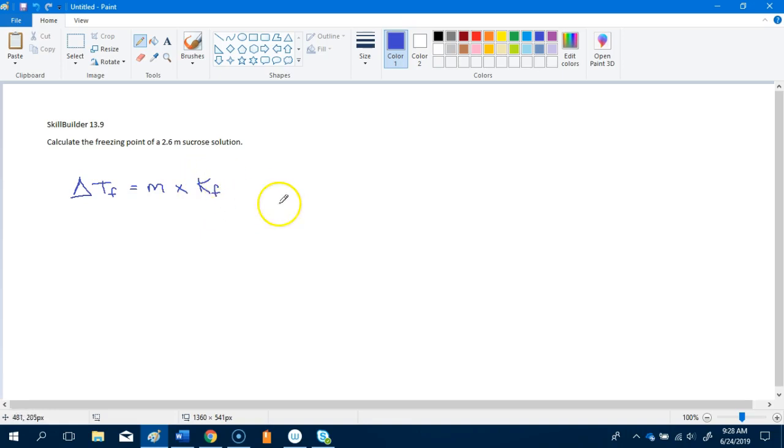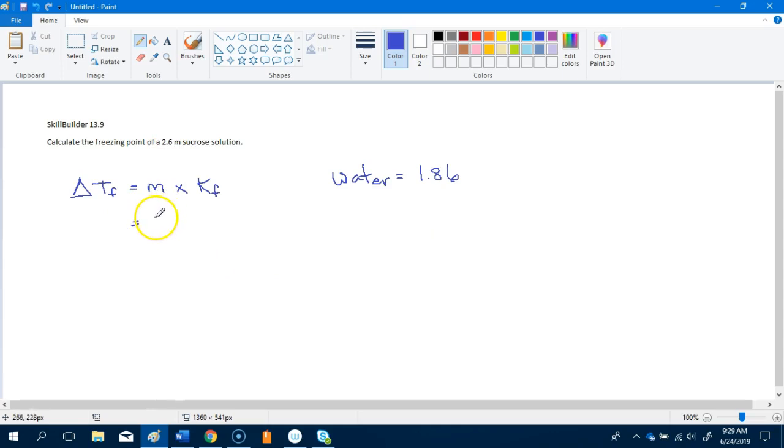And this constant is different depending on the solvent, and in this case our solvent is water, and its freezing point depression constant is 1.86. So we're going to use that in this formula.